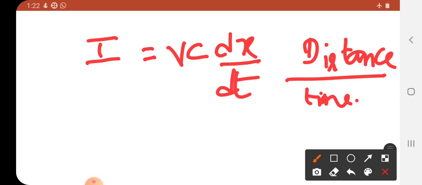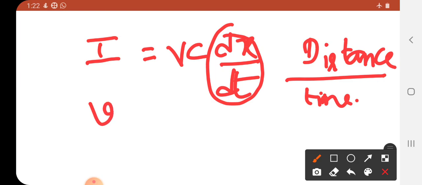So here dx by dt is the velocity of the traveling wave over the line conductor, and let us represent the velocity by small v. So we can write I is equal to CV small v, or VC small v.